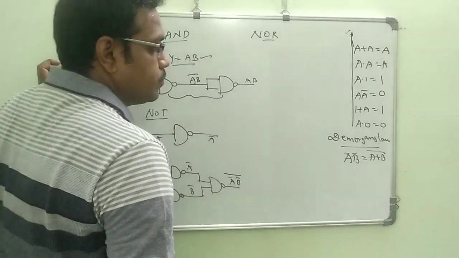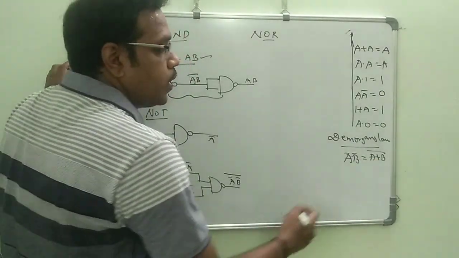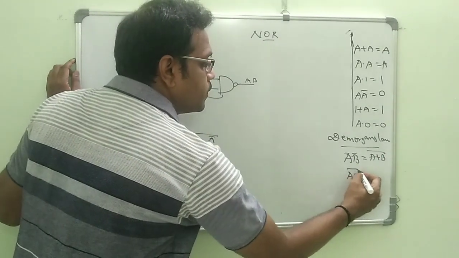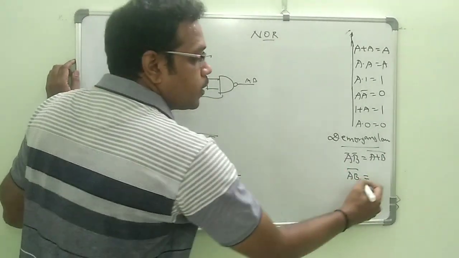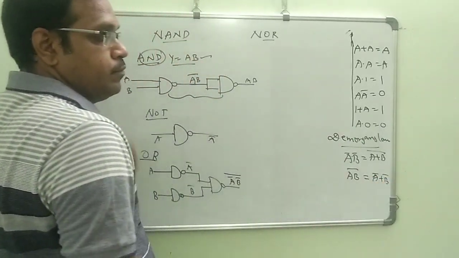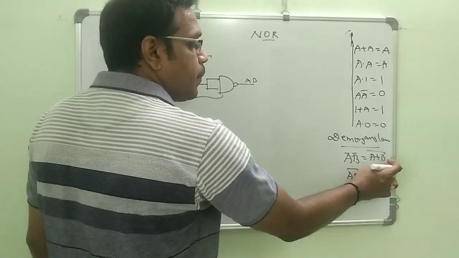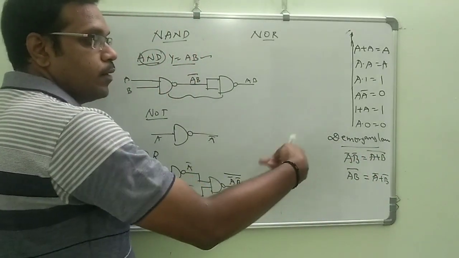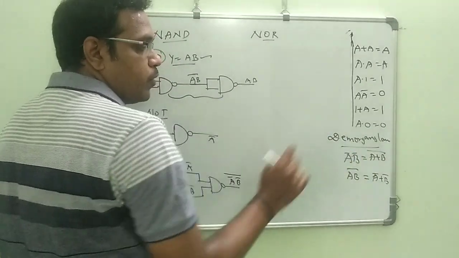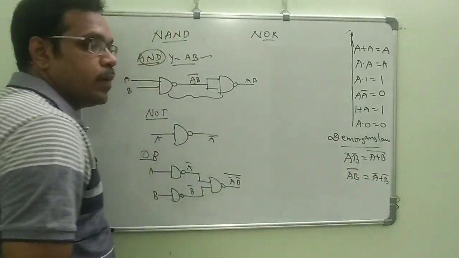That means while you are splitting this one, you will get the product. If you want to separate an addition, we need to use the bar for both and the dot will come. And if you want to separate the product, we need to use the plus.